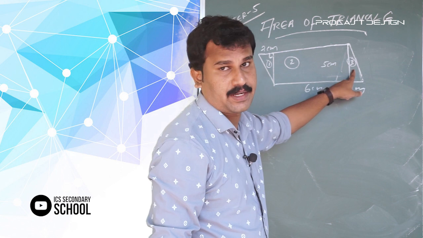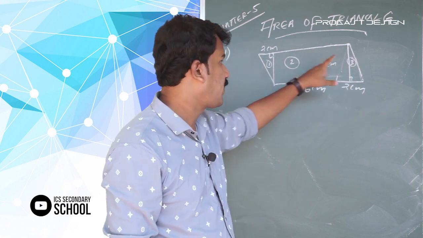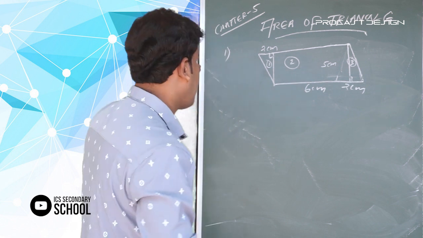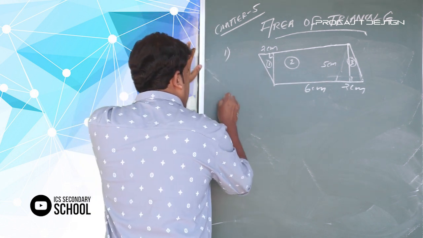plus the area of the right angle triangle. Here two right angle triangles and one rectangle. So we can calculate the area of the figure.